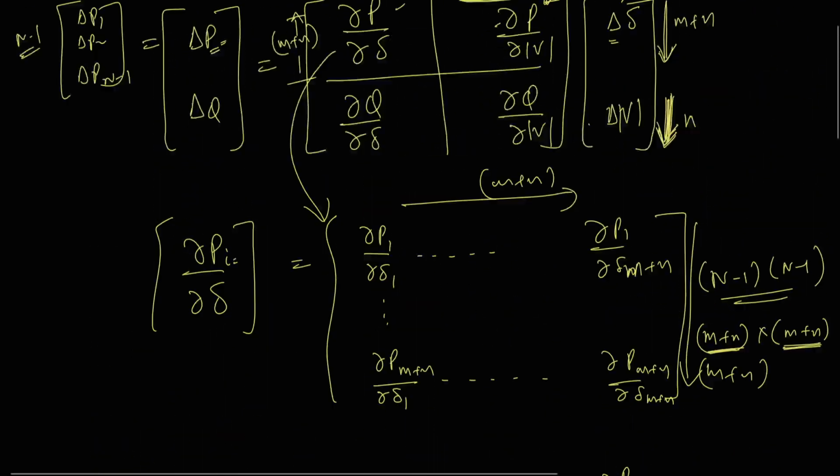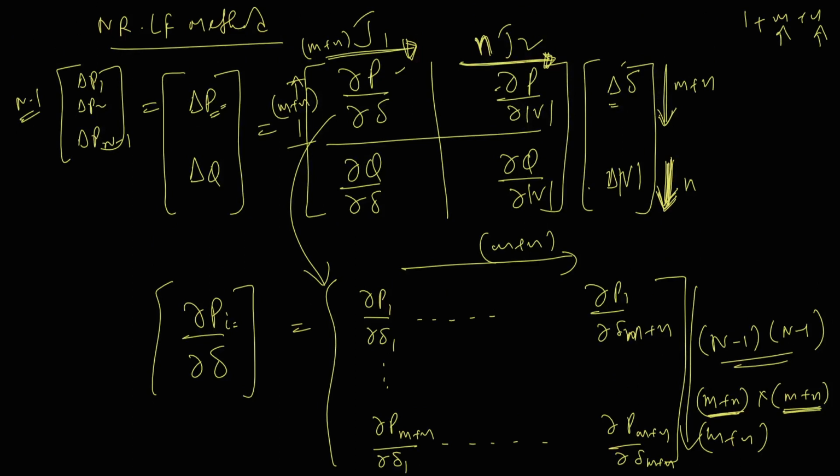The number of unknown voltages is at PQ buses, and the number of known p's is at m plus n, both generator buses and load buses, right?